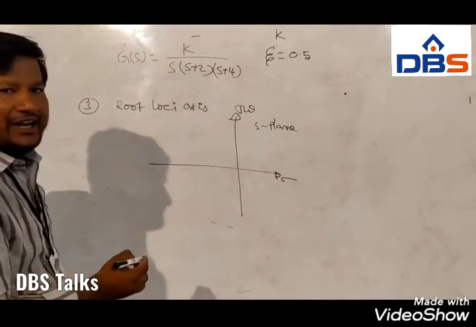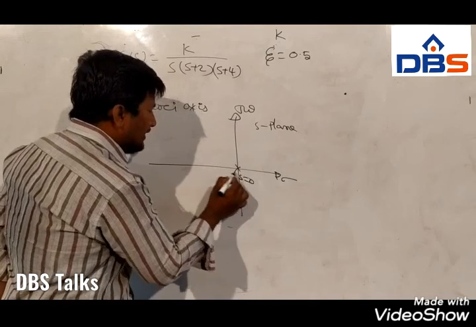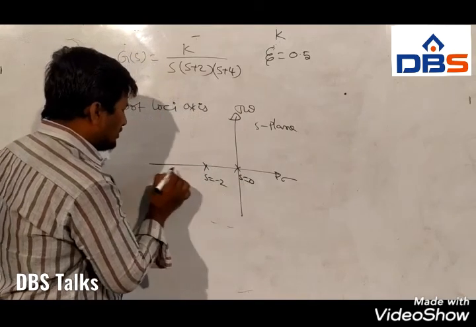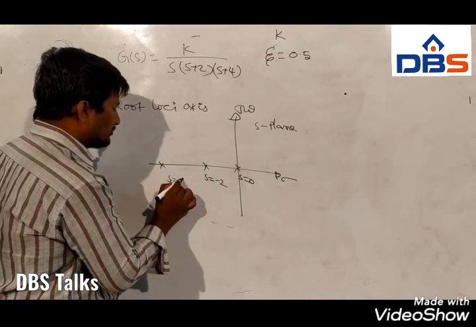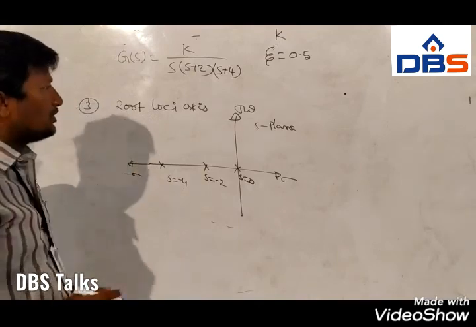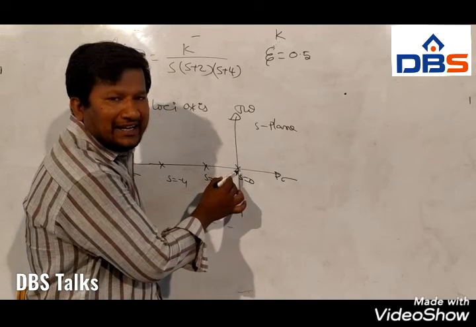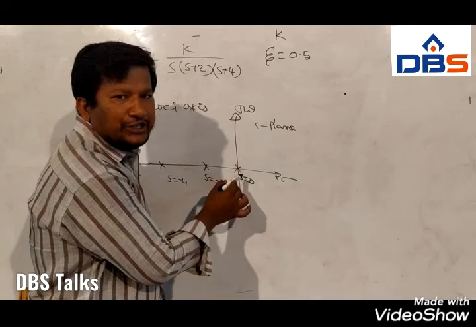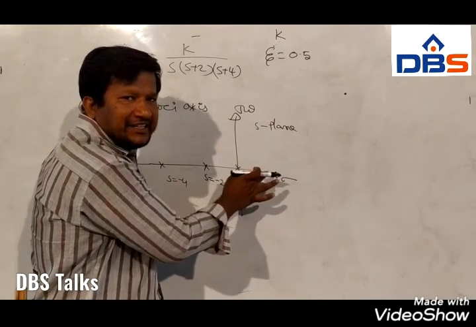Now put the locations of poles: s equal to 0, s equal to minus 2, and s equal to minus 4. And this is the minus infinity value, minus sigma. So take the point s equal to 0. At the right side of s equal to 0, there are no poles and zeros. So that's why there is no branch existing in the right side of the s plane.